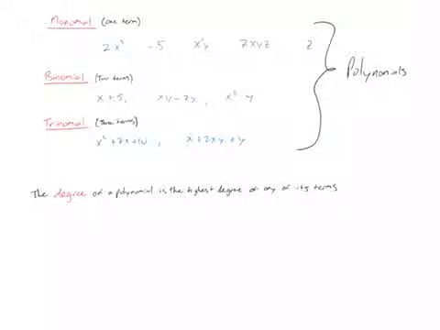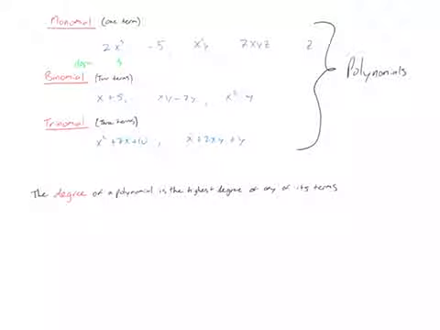The degree of a polynomial is the highest degree of any of its terms. So let's look up here at these first ones. To find the degree, you look at the variables. In this one here, the variable's exponent is 3, so the degree of this one is going to be 3.